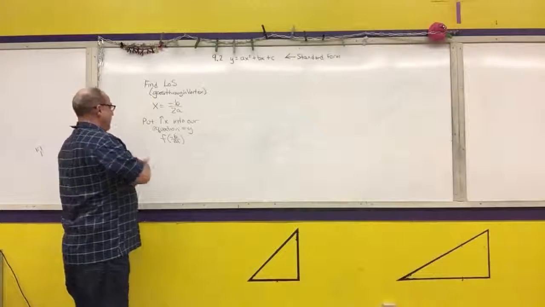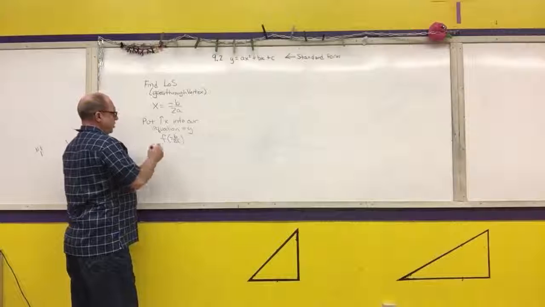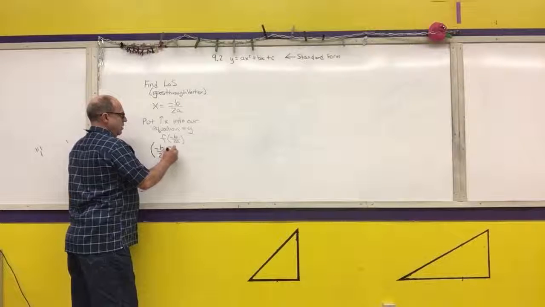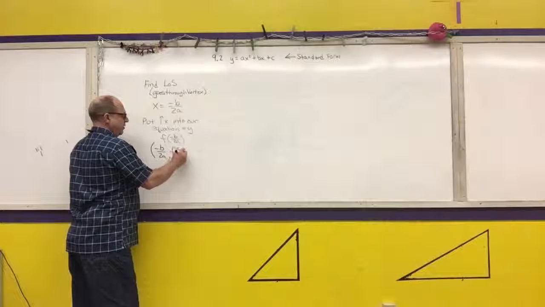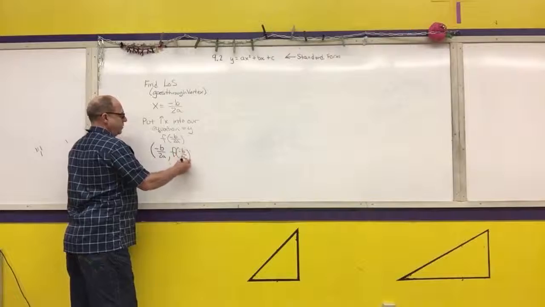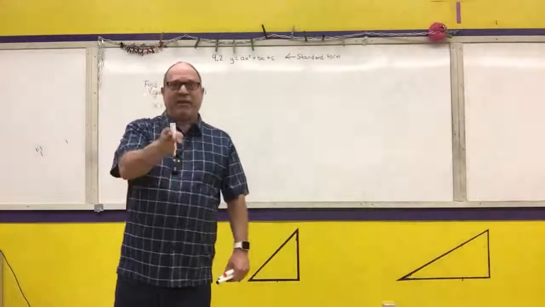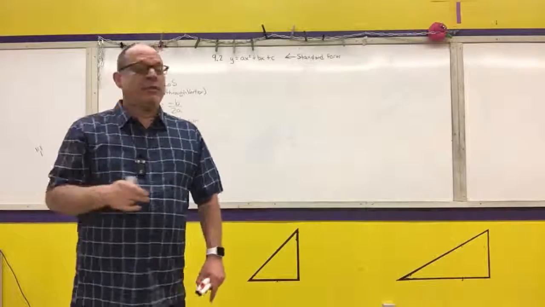What that'll do is give us the y coordinate for our vertex. So my vertex is at negative b over 2a, comma, f of negative b over 2a. That's going to give me 1 point on my graph, right in the middle of the graph on the line of symmetry.